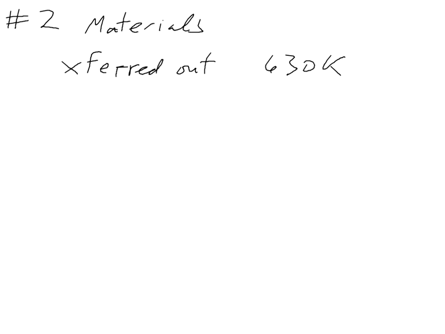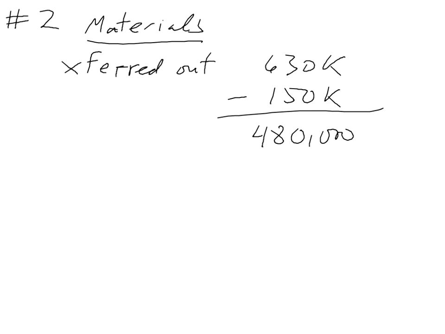In beginning inventory, we had 150,000 units, and those were 100% complete as to materials, so we're going to subtract that out because we don't want to add that for this calculation. So we do 630 minus 150, and we get 480,000 equivalent units for materials using the FIFO method.